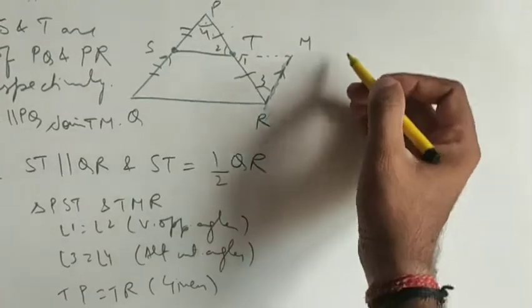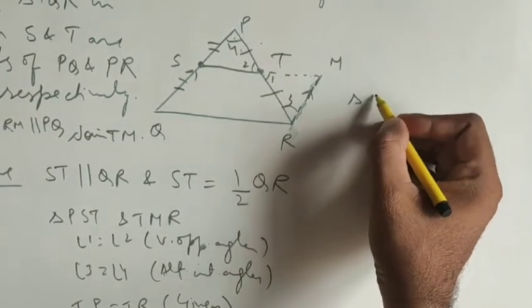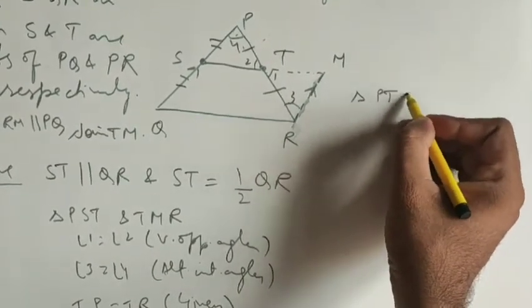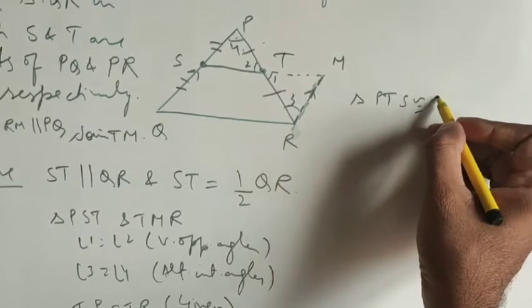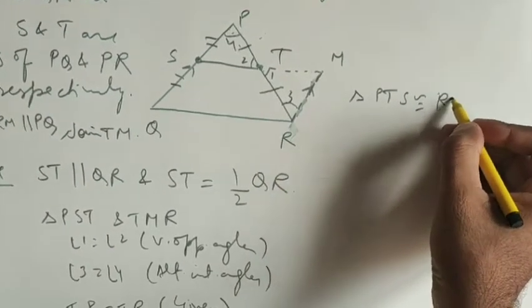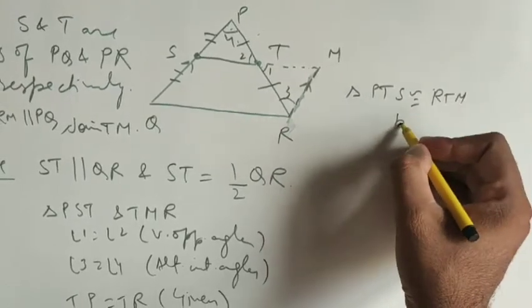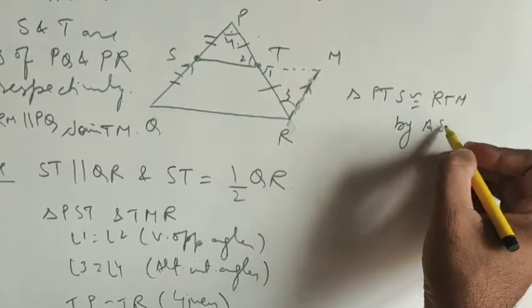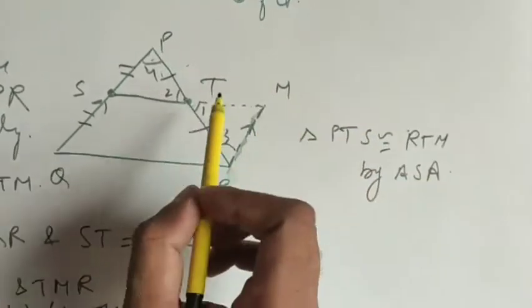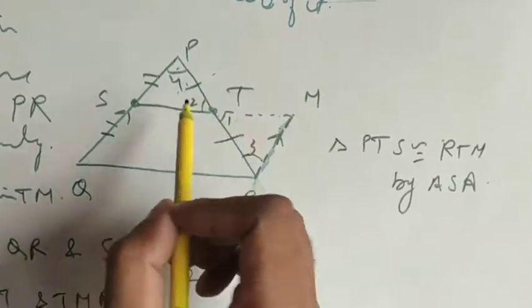Okay, so now I write here that triangle PTS is congruent to triangle RTM by angle, side, angle. So we have got these two triangles as congruent.